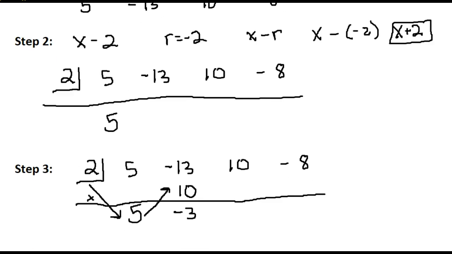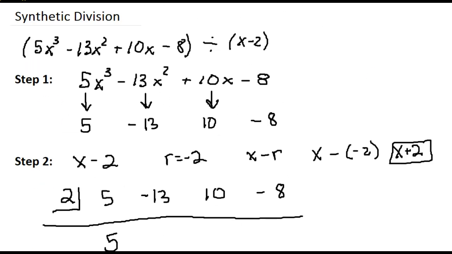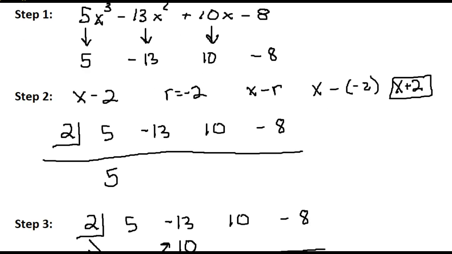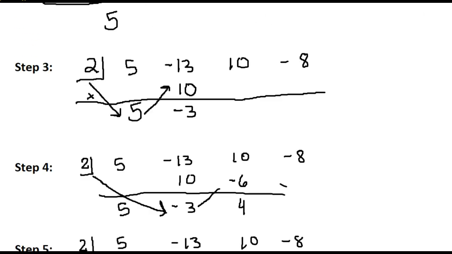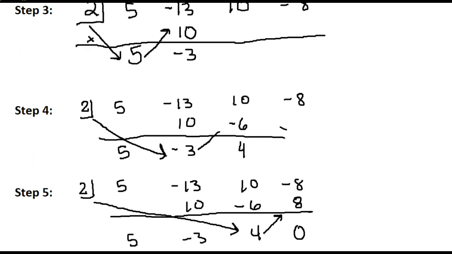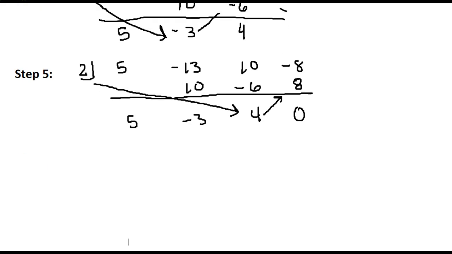The dividend, if you remember, going back up to the top, was 5x cubed, minus 13x squared, plus 10x minus 8. So we have a 5x to the third power. So now when we divide, our quotient is going to start with x to the second power. So we just put those on our coefficients.